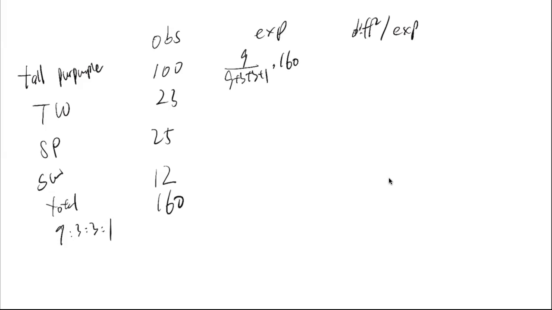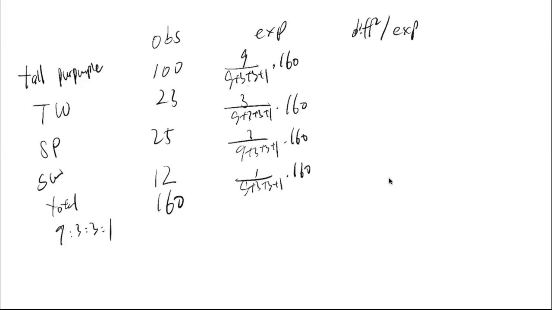That's the probability, or the ratio, times the total observations. The second one is 3 over 9 plus 3 plus 3 plus 1, times 160, and the third is the same. And the last is 1 over 9 plus 3 plus 3 plus 1, times 160. So this is 90, 30, 30, and 10.